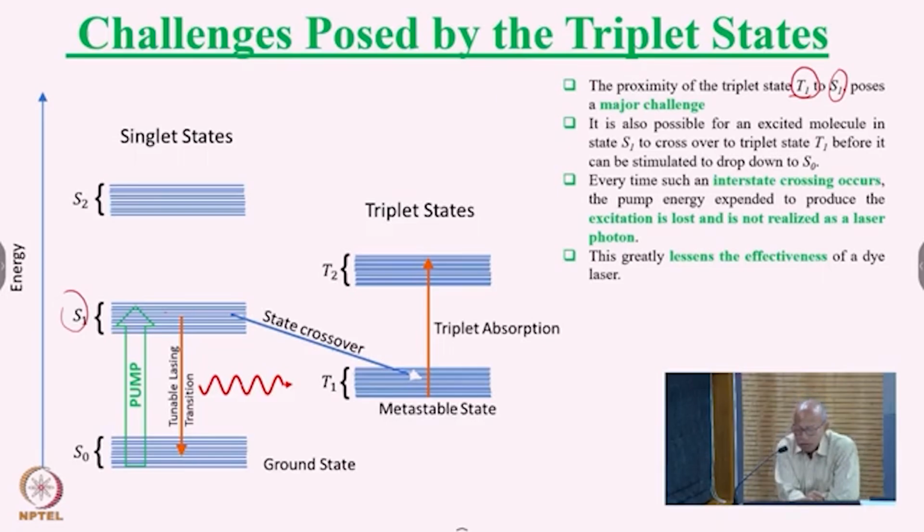And every time such an interstate crossing occurs, the pump excitation is lost and is not realized as a laser photon, because the population has come here instead of undergoing stimulated emission. This greatly lessens the effectiveness of a dye laser.